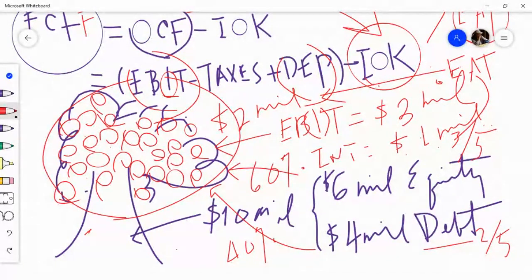I mean, most likely depreciation will be greater than taxes. And then you still have to subtract the investment in operating capital. So it could be greater, or most likely smaller than EBIT because of this. But anyway, free cash flow belongs to both equity holders and debt holders, right? Does that make sense?